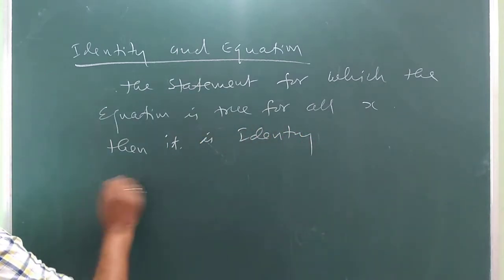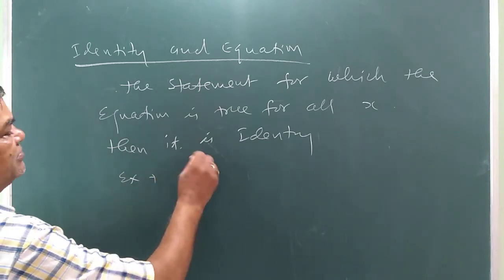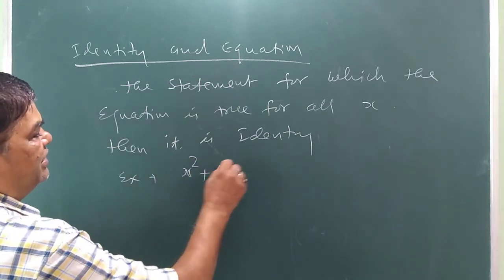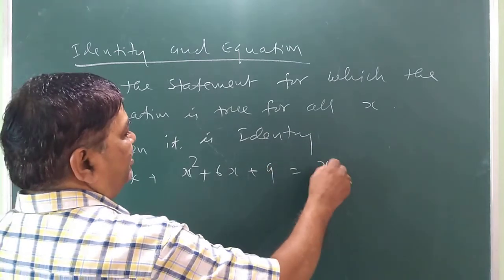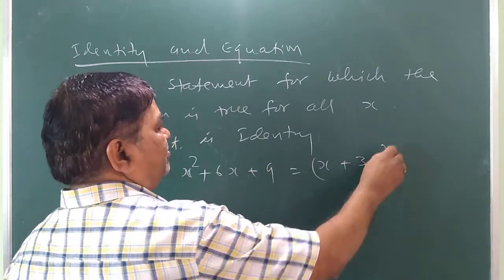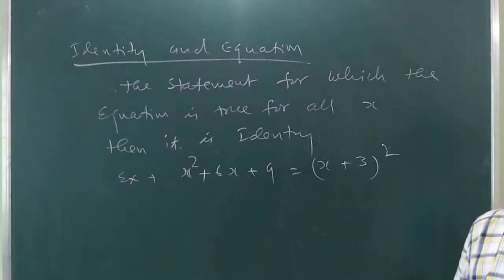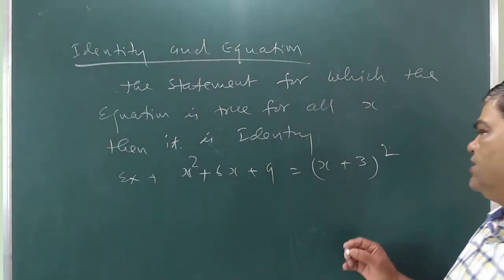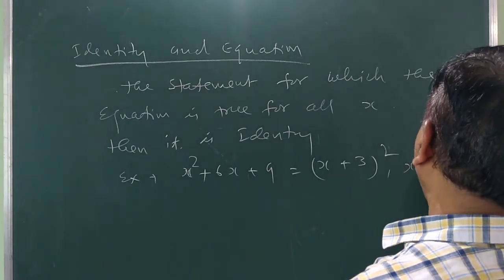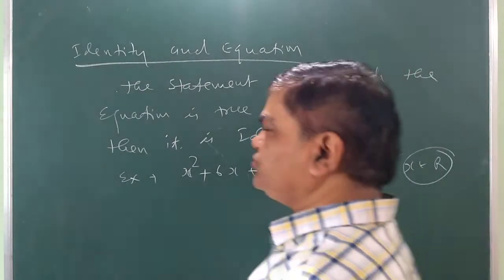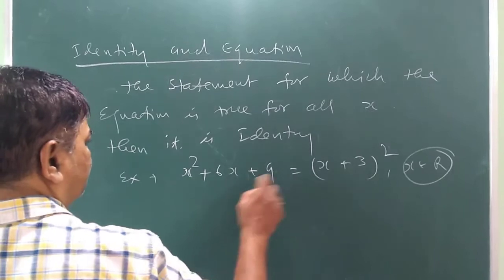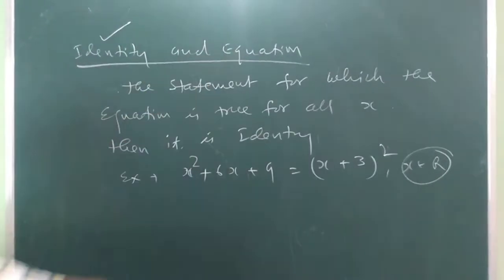For example, x square plus 6x plus 9 is equal to x plus 3 the whole square. You take any value of x, that is x belongs to R. This is true. So this is called identity.